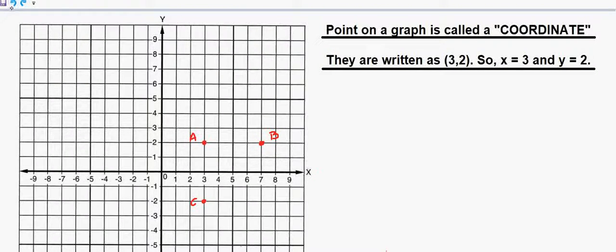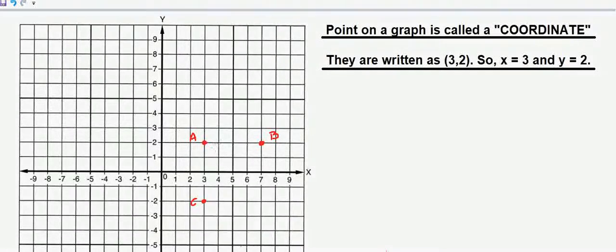Okay, now when we plot a point, if we take this point here at A, this is what we call a coordinate. So a point on a graph is called a coordinate, and if we put a coordinate on the graph, then we call it plotting. So we plot a coordinate. Sorry about the maths terminology, but it's part of the world.